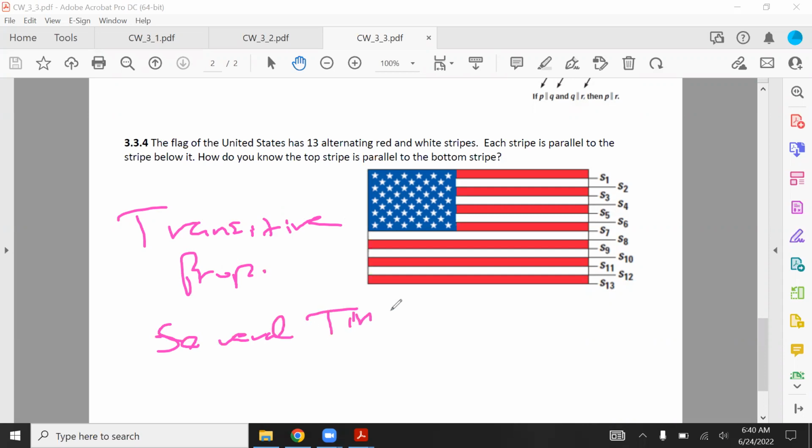I'm not going to write it all out, but we know that stripe 1 is parallel to stripe 2, stripe 2 is parallel to stripe 3, and so forth until we get to the last stripe, stripe 12 is parallel to stripe 13. But ultimately, the first stripe will be parallel to the 13th stripe, and there you go. Okay, so that concludes this video on 3.3.